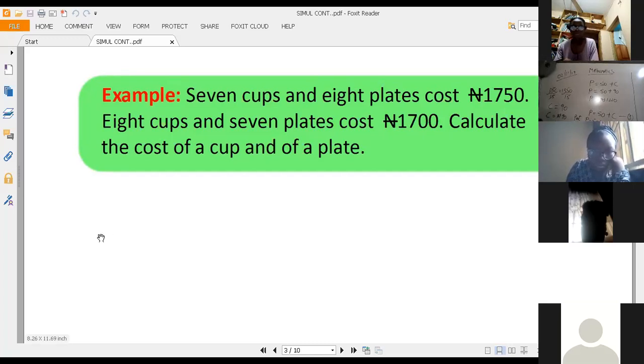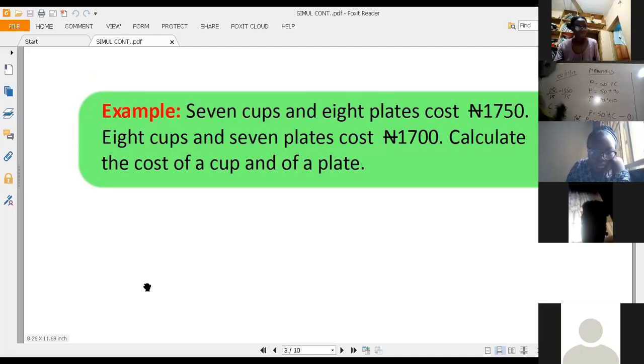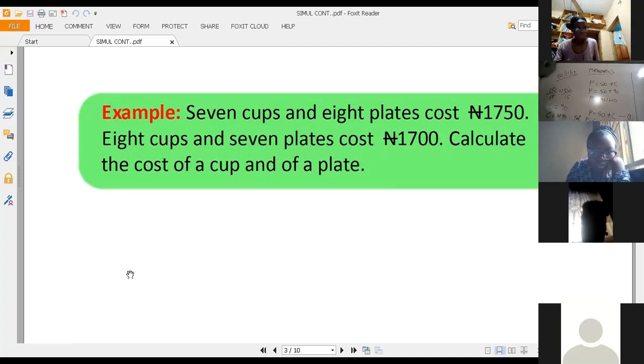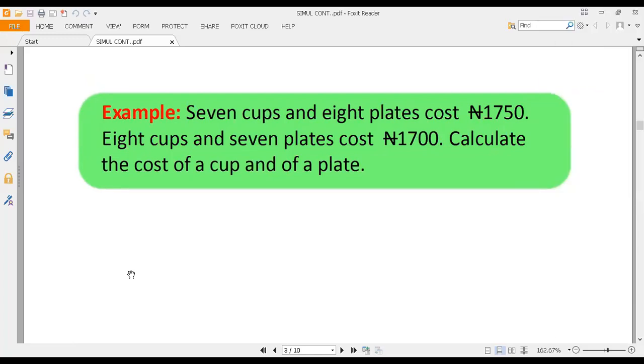Okay, so let's go through the other example. Well demarcated.